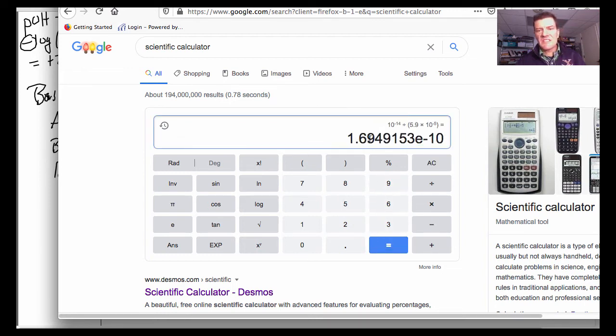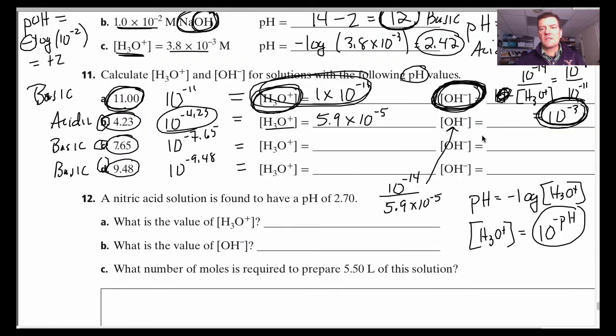And we get 1.69, I'll go 1.7 times 10. This E here, negative 10, means times 10 to the negative 10. So 1.7 times 10 to the negative 10.